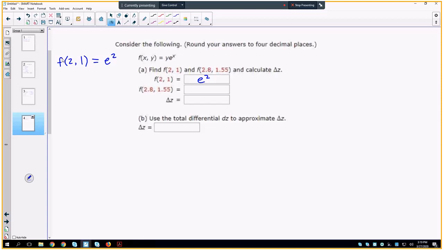Then f of 2.8 and 1.55 is equal to 1.55 e to the 2.8. So let's use the calculator really quick to get an estimate for that.